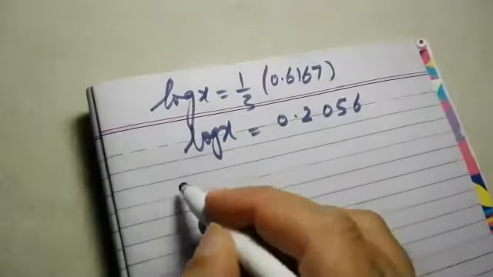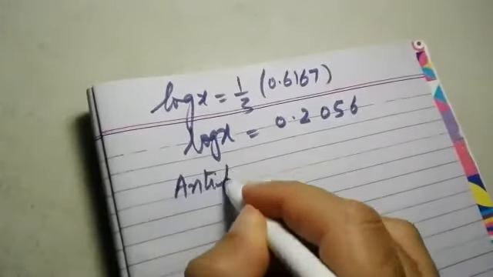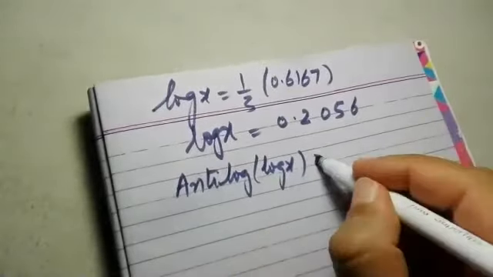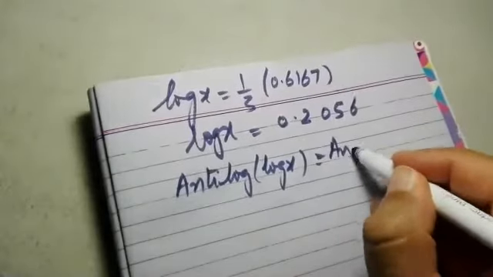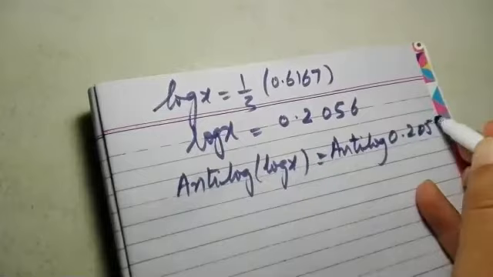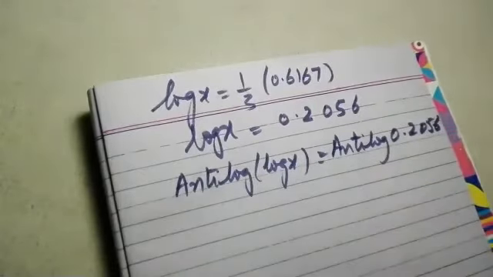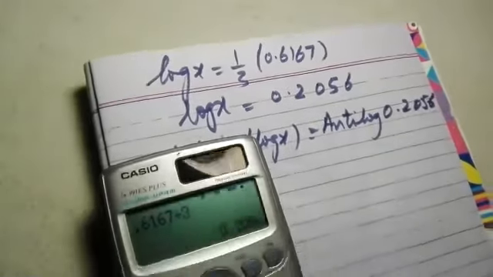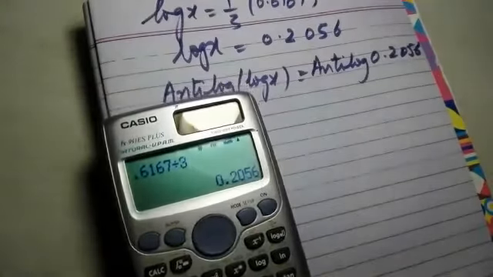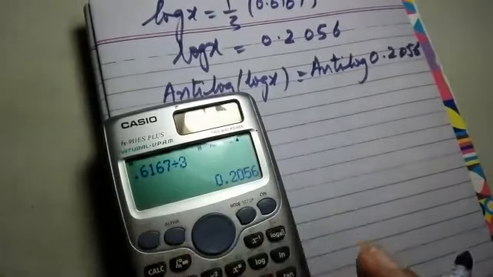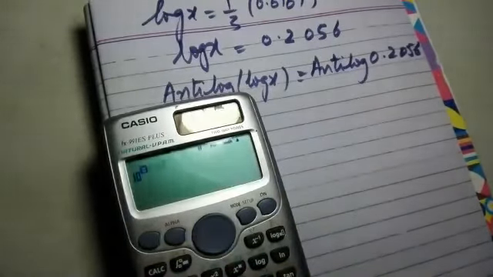And then you will apply the anti-logarithm on both sides, that is anti-log 0.2056. Keeping it into the calculator, I will apply the logarithm by using shift log and answer.